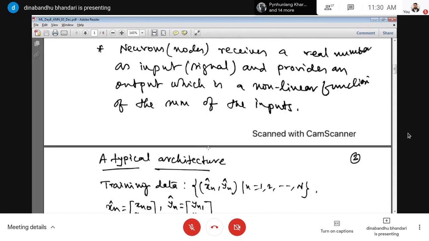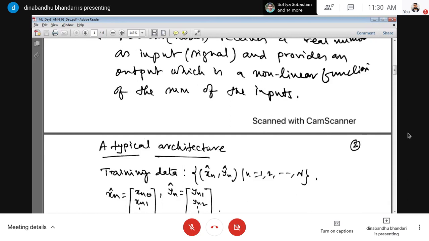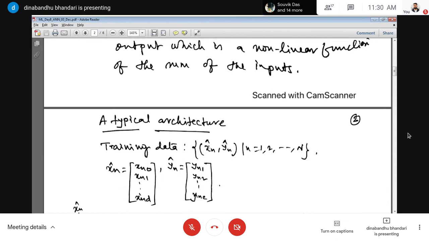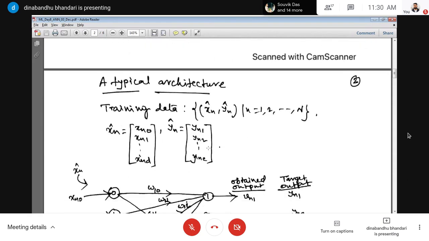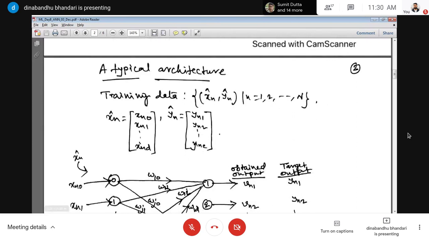Now, I am just showing first a simple linearly separable data case, and that is why we will have only 2 layers of nodes. Assuming the data is linearly separable, then I will generalize it for non-linearly separable data. So xn is something like this, xn0 up to xnd.